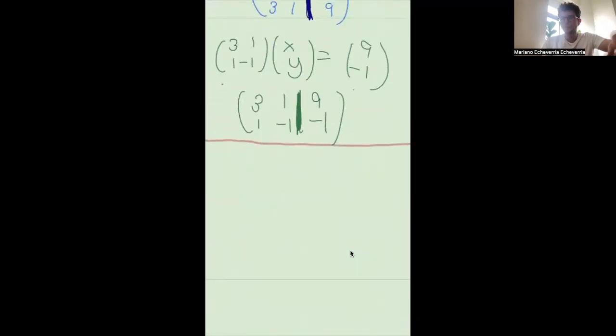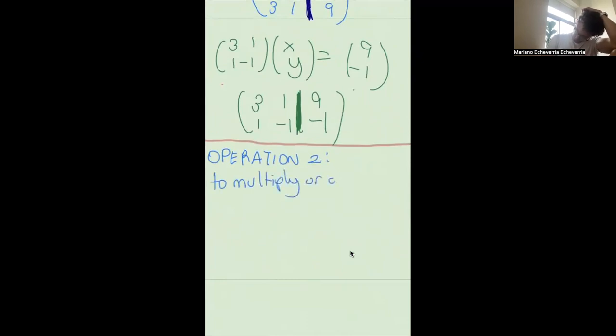Operation 2 is to multiply or divide an equation by a number which is non-zero. So let me write that down. By a non-zero number.